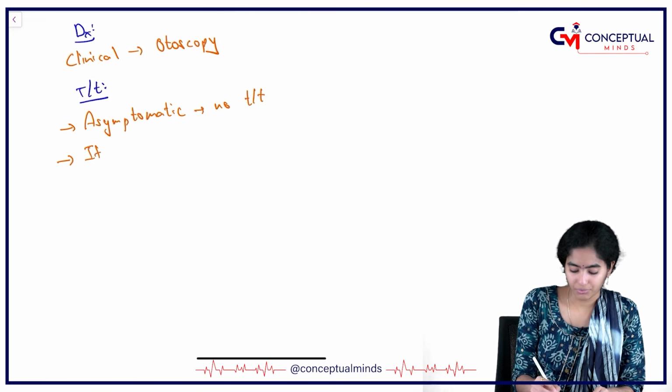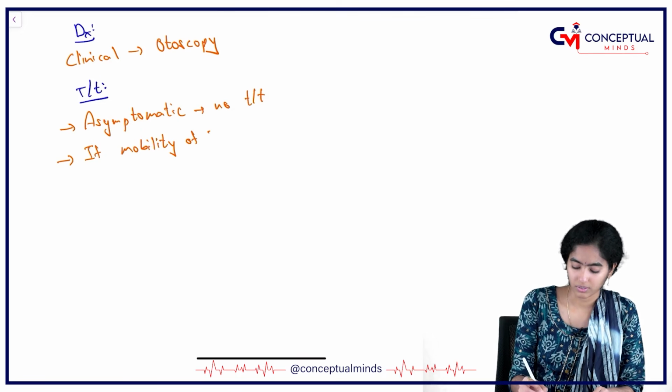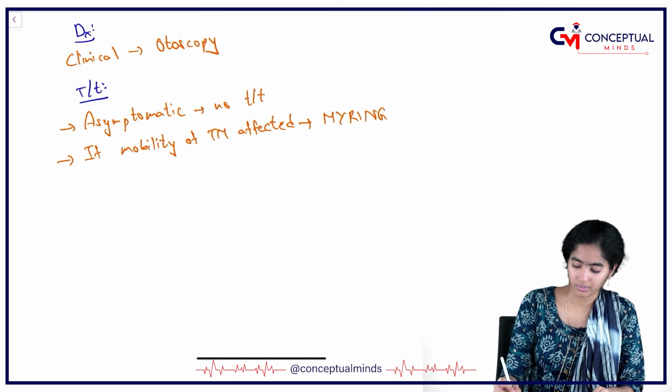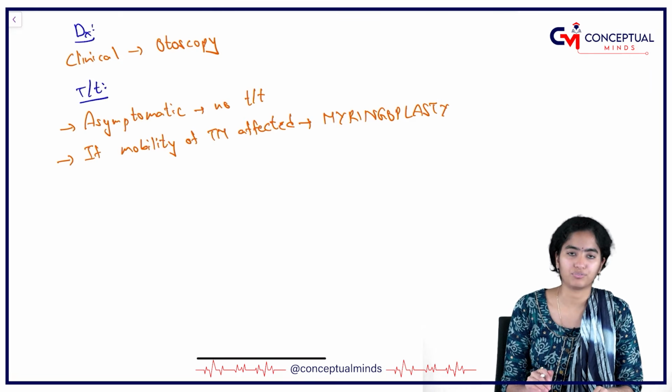If mobility of the tympanic membrane is affected, then we have to go for a myringoplasty. Myringoplasty is the surgery wherein you will remove the plaque and put a graft in the perforation.